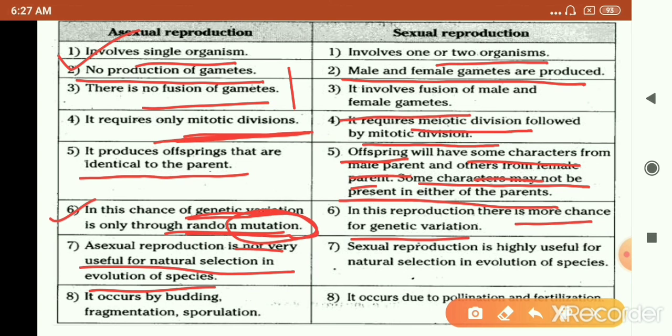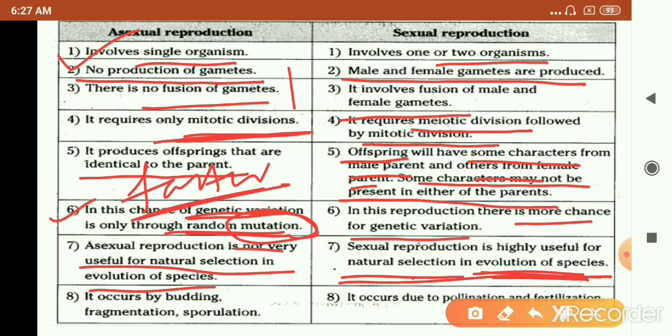But sexual reproduction is quite useful for natural selection, for survival of the species, and for evolution to take place. Asexual reproduction is a faster method of multiplication, but sexual reproduction is a slower method of reproduction.